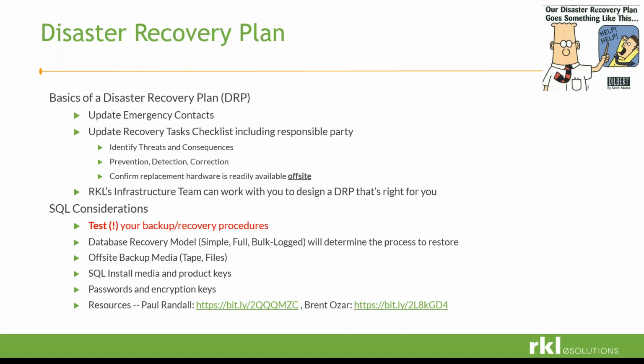So we're all subject to those, but we're also subject potentially to issues where a hacker has breached our network and may want to get in and either destroy or hold our data hostage. So the point of the disaster recovery plan is to identify what the potential threats are, what the consequences of those threats might be, and then break those down into three categories: things that we can prevent, things that we can detect before they get too far along in the process, and correction steps that we can take if we've identified that a threat has occurred.